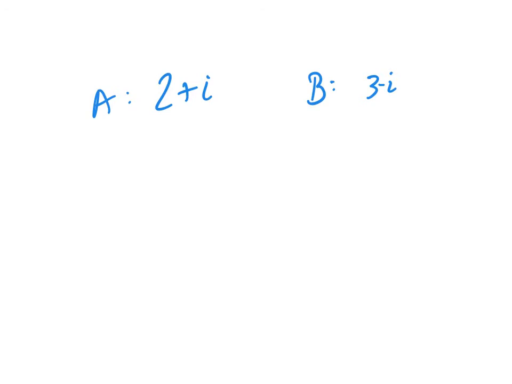What do you get if I add them together? I just take 2 plus i, and then I add 3 minus i. I'm putting parentheses around it just to make sure I don't forget if there was a negative to distribute. And then the 3 and the 2 would make 5. And the i and the negative i cancel each other out, so it's just 5. Cool, that's pretty easy. Which one do you think is complicated? Divide. Why?